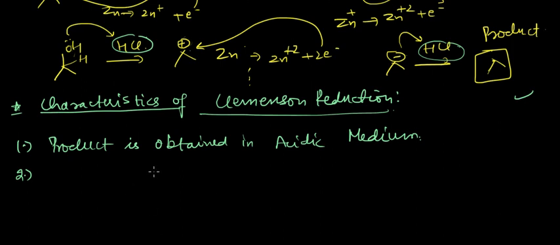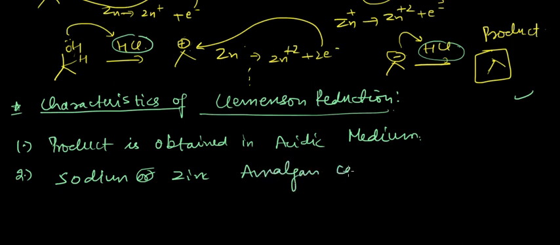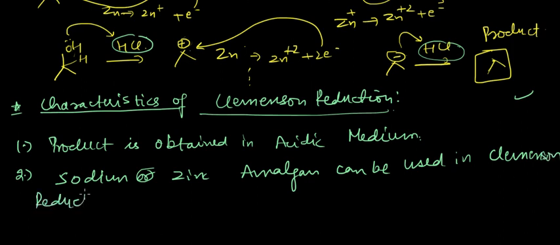Second, sodium or zinc amalgam can be used in Clemmensen reduction.